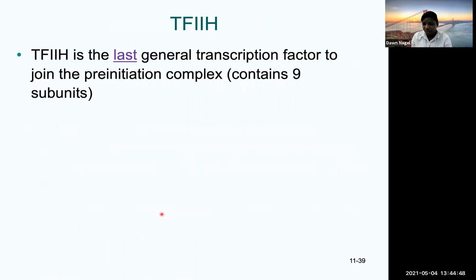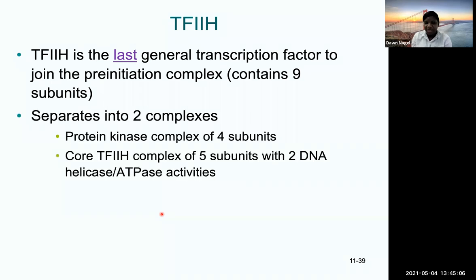The other general transcription factor that's super important is TF2H, which is the one that gets added last, and it also contains multiple subunits. It contains nine subunits separated into two complexes.